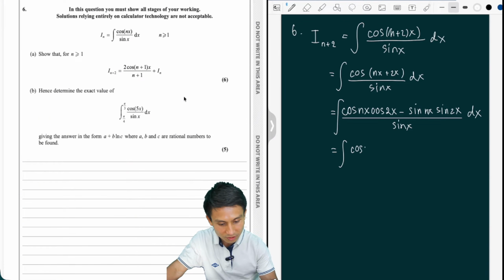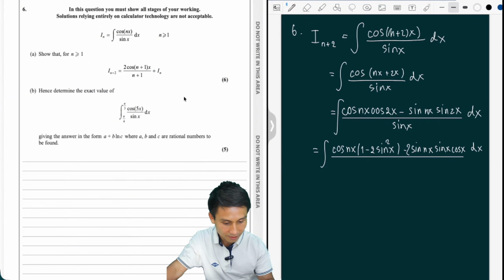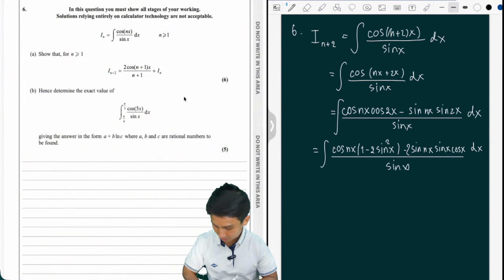So I'm going to substitute 1 minus 2 sine squared x here, minus sine nx, and then this is just 2 sine x cos x. I hope you're okay with that, because that's just pure math. And divide by sine x here.